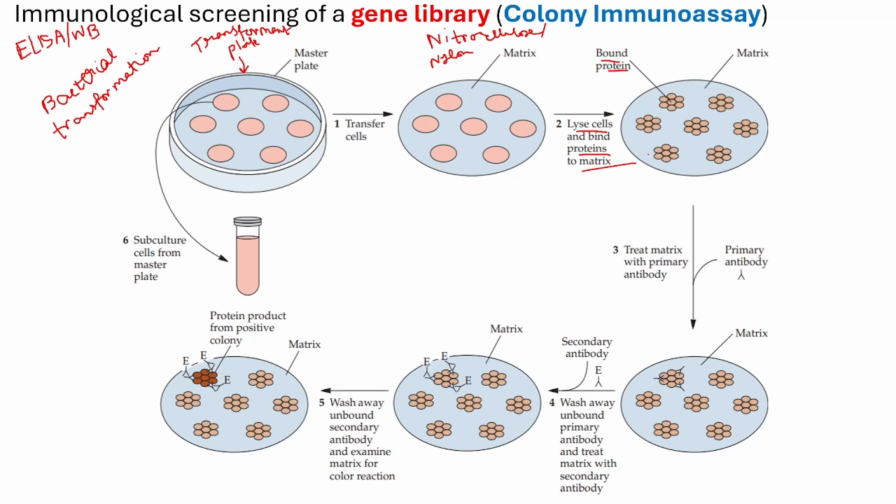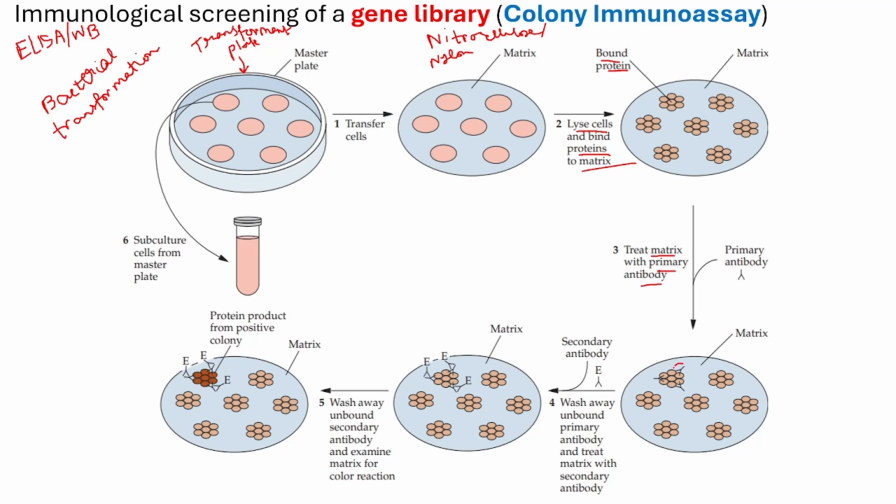Now after you have only the bound proteins on the matrix, the third step is to treat the matrix with primary antibody. This antibody is specific to the protein, so it should bind to the bound protein already present on the matrix.